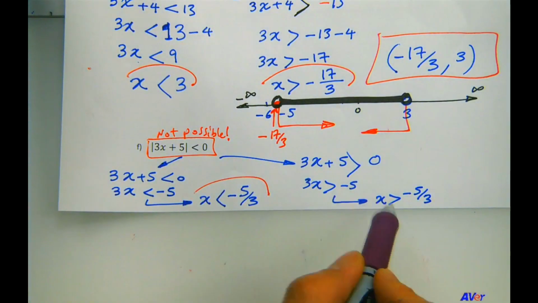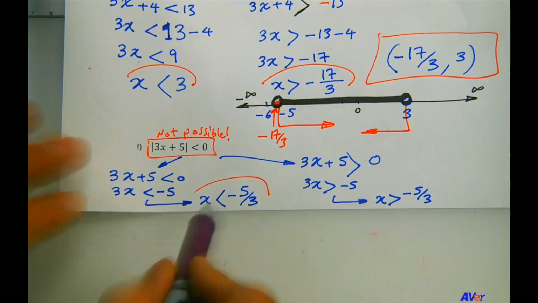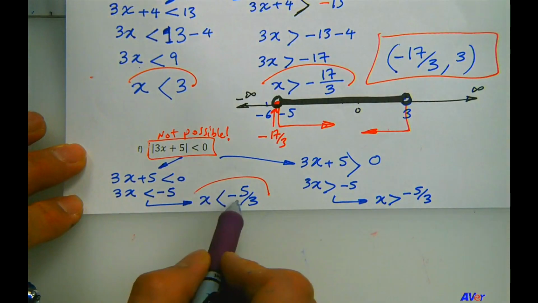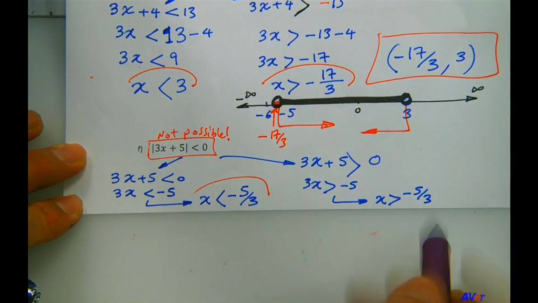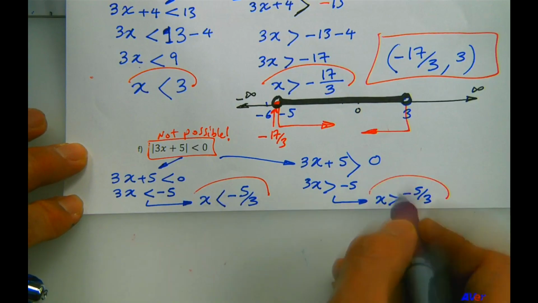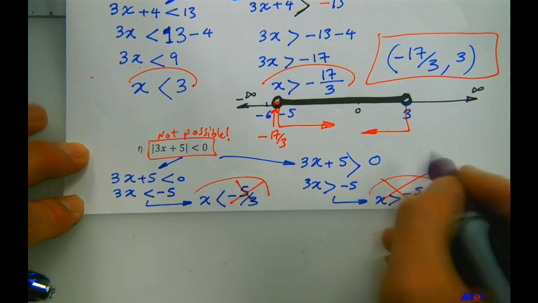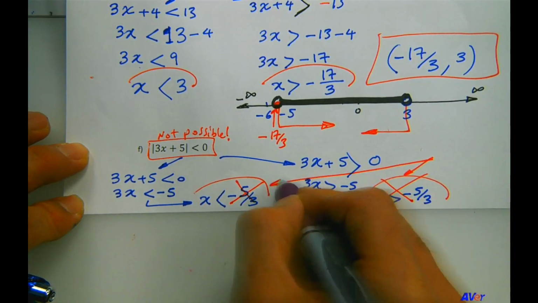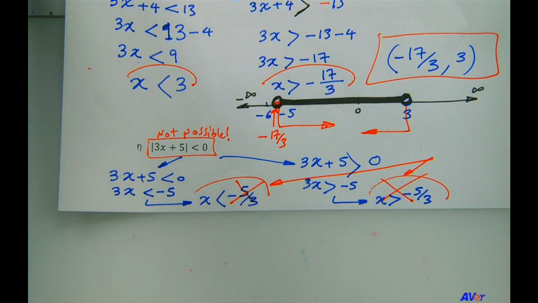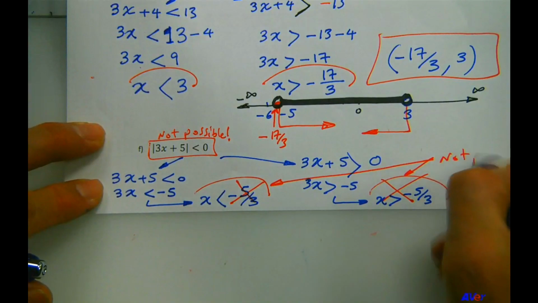But look at that. Now we have x less than negative 5/3 and greater than negative 5/3. How can that be? Compare these two. Not possible. You can't be greater than and smaller than the same value. You cannot. So not possible.